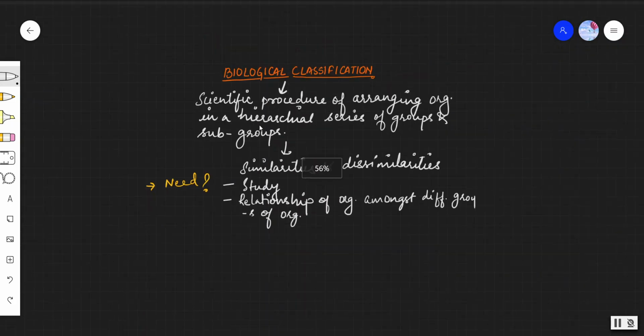Clear? Different groups of organisms. Third is to know the evolutionary relationship between organisms.